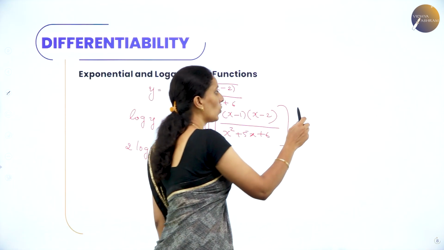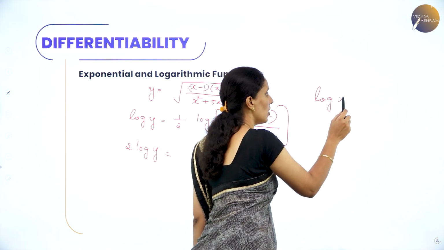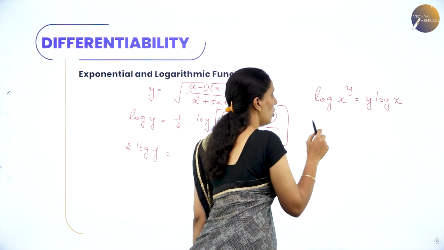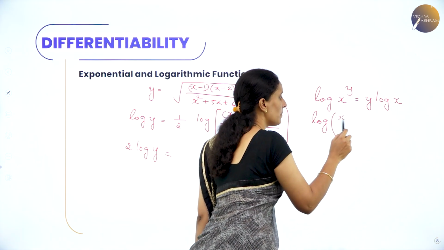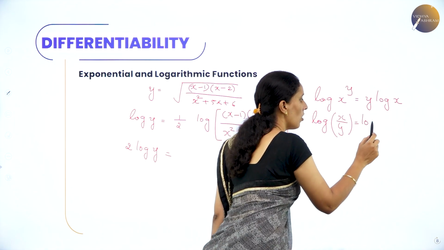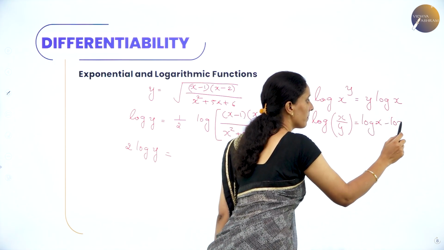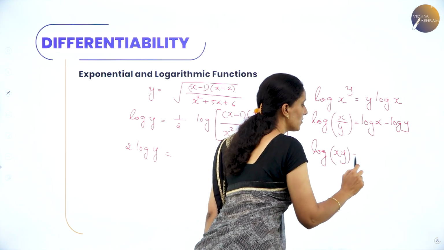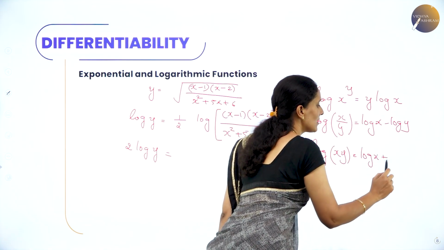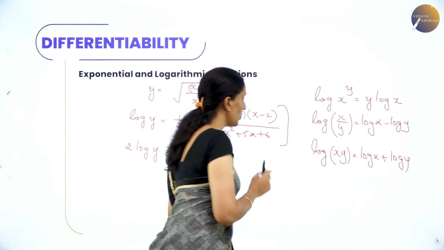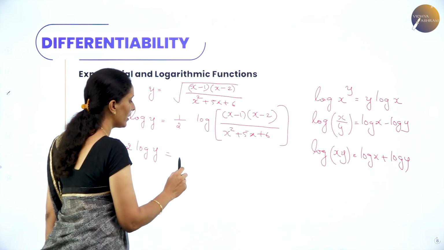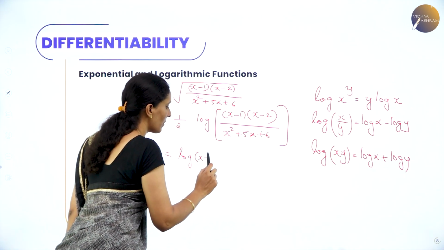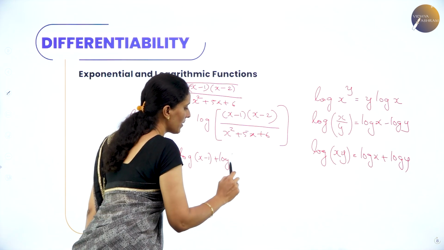So remember the rules of the log function. Log x power y can be written as y log x. Log x by y can be written as log x minus log y. Log xy can be written as log x plus log y. So using these rules, here I can write it, this is in the form of x into y, so this is log x minus 1 plus log x minus 2.